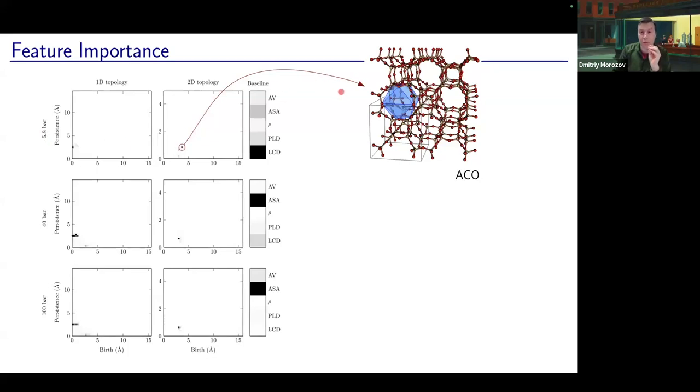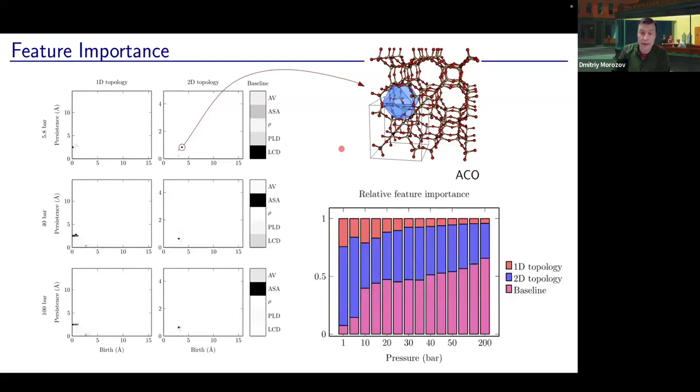And you can look at what are the features in your materials that correspond to the features in this part of the diagram. So what are the shapes of the cavities in your material? And so this is an example. And chemists can make sense of this and interpret why this matters more or less.